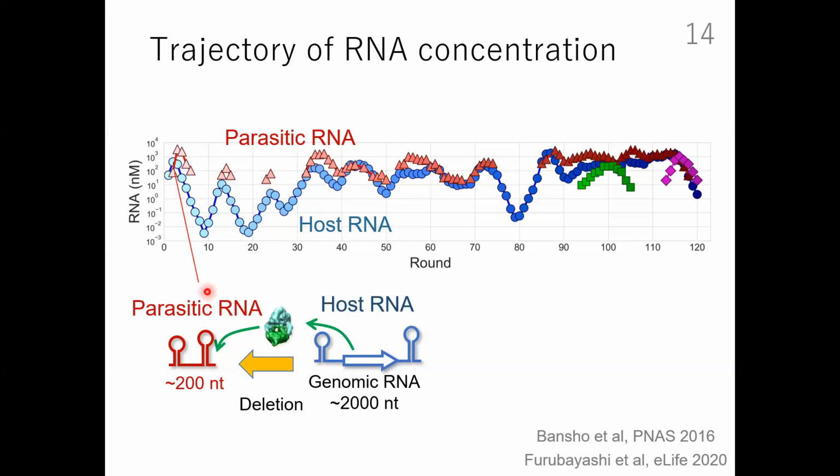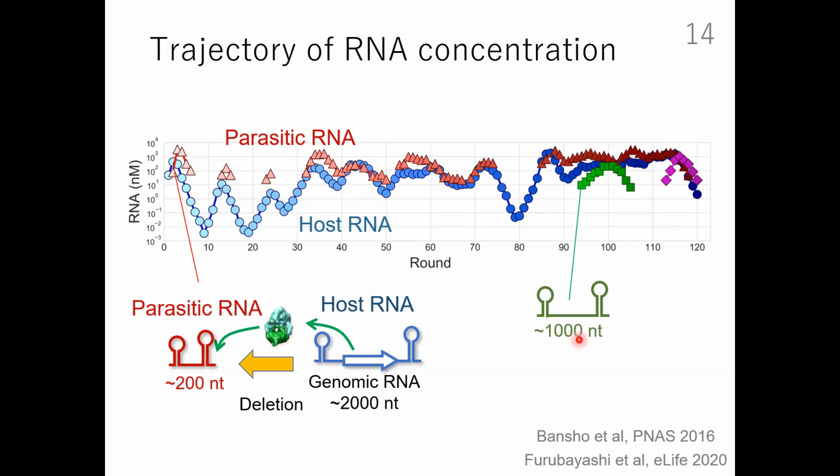So once parasitic RNA appears, the RNA concentration decreased because of the parasite. And after sufficient dilution of the parasitic RNA, the host RNA again recovered. In this way, an oscillation pattern appears. And in later stage, the oscillation pattern gradually changed, became unclear, probably because parasite resistance was acquired by host RNAs. In the final stage, we found that 2 types of new parasitic RNA appear.